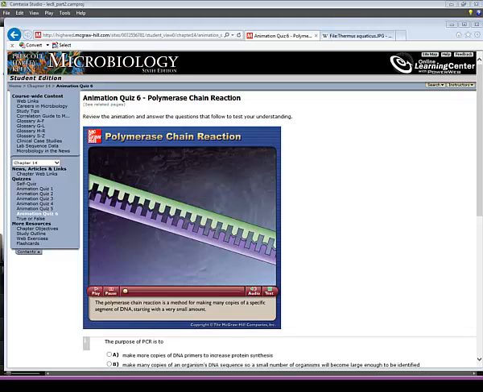Thermus aquaticus was a bacterium that was isolated from hot springs, and so obviously you can see how this species would need to have heat-stable enzymes. So Kary Mullis used this enzyme and developed a laboratory procedure which is basically just a series of reactions that heat and cool DNA in the presence of this DNA polymerase that was isolated from Thermus aquaticus. It's called Taq DNA polymerase. The T comes from Thermus and the AQ comes from aquaticus.